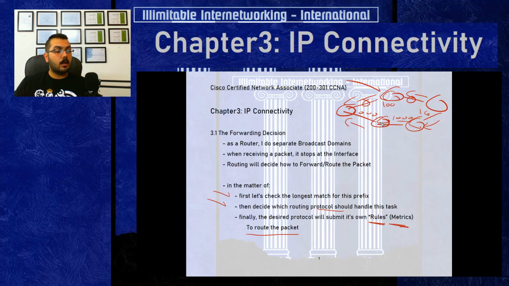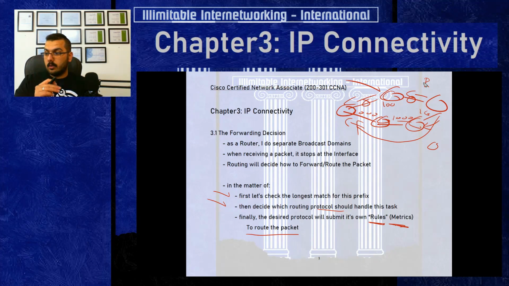Yes, it's a longer path, but it's much faster, so I will take this path. This is for OSPF and this is for RIP. Each one of them has its own metric, and using this metric an algorithm will be applied to the topology. After that, the protocol will decide which path should be used to route the packet.